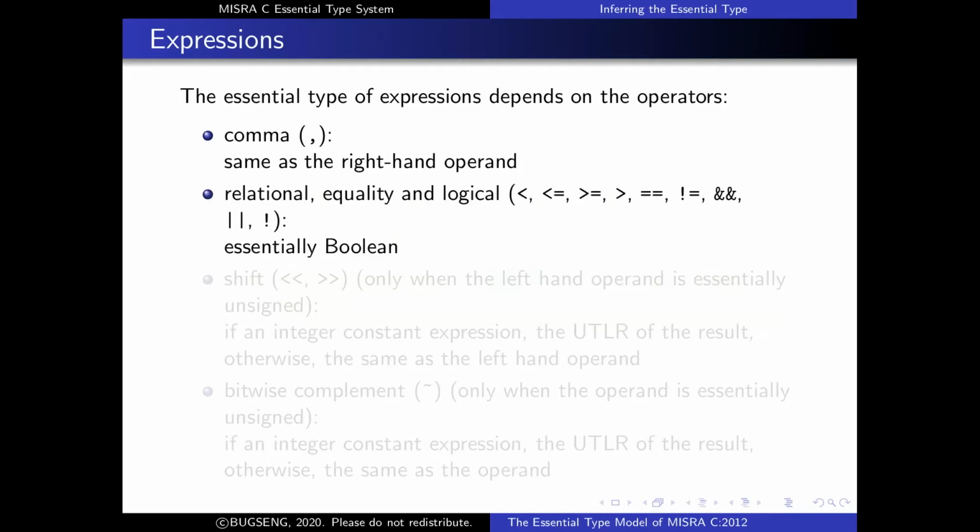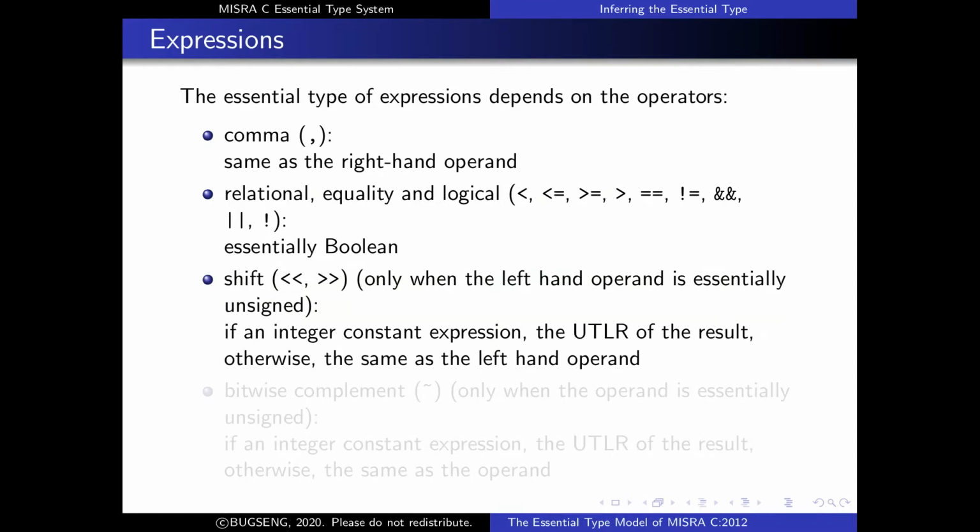The relational, equality, and logical operators give rise to an essentially Boolean result. Okay, the shift operation, both the left shift and the right shift, only when the left-hand operand is essentially unsigned. If the result is an integer constant expression, so for example, if both the left-hand side and the right-hand side are constants, then you take the UTLR of the result.